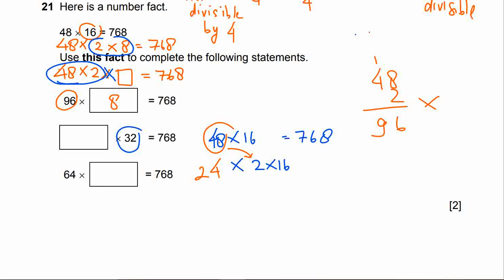Now we break 48 into 24 times 2. Why? Because we need 2 in order to get 2 times 16 is 32, and we get 768. So what is the blank in here? The blank will be 24.